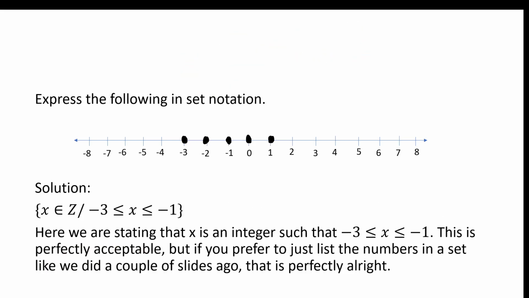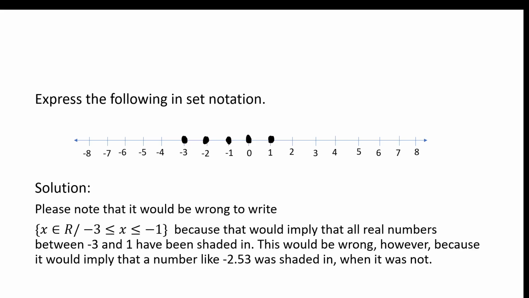Okay, and this is an explanation of what we said a minute ago. You could do it a little bit more sophisticatedly. Now, it would be wrong to write x is an element of the reals such that -3 less than or equal to x less than or equal to -1. Why is that?